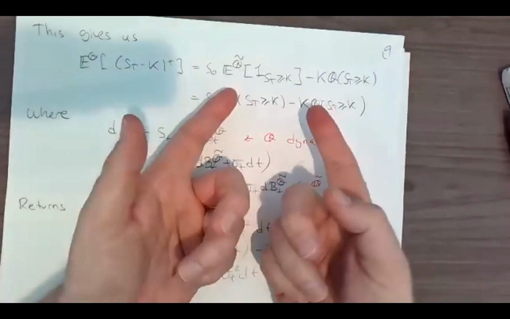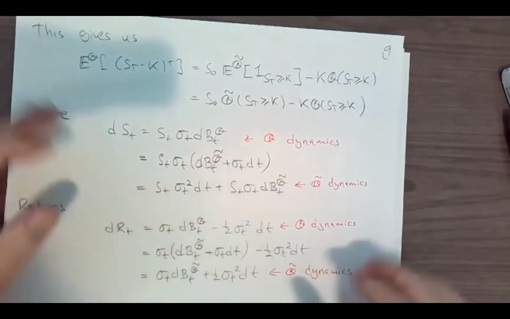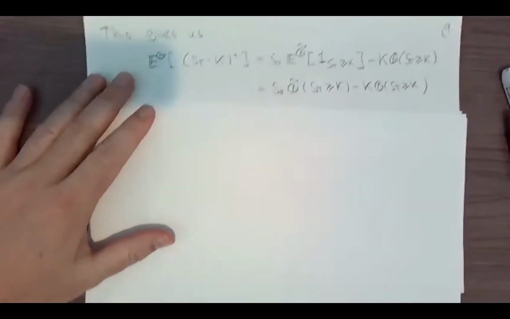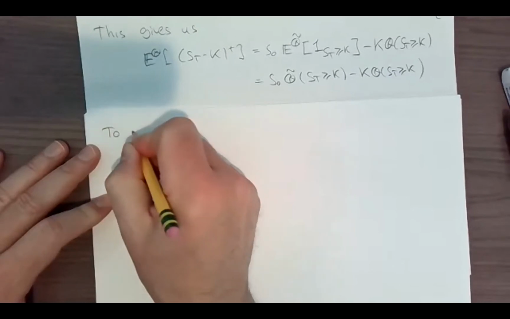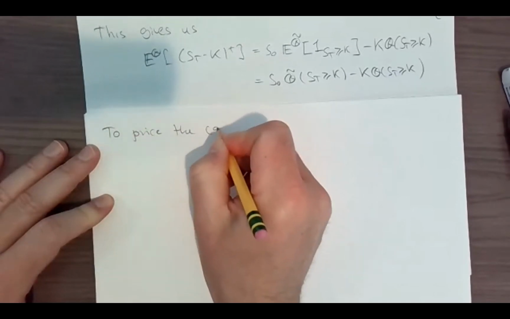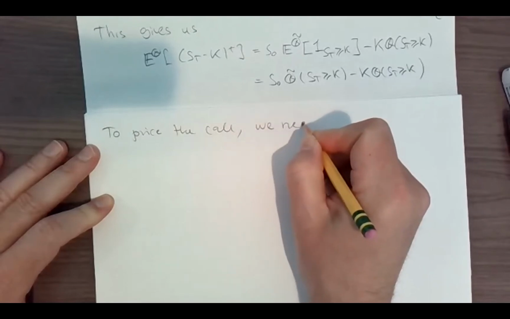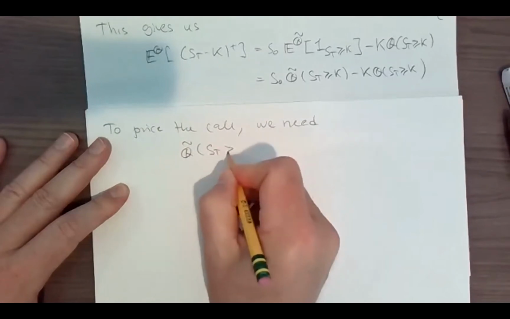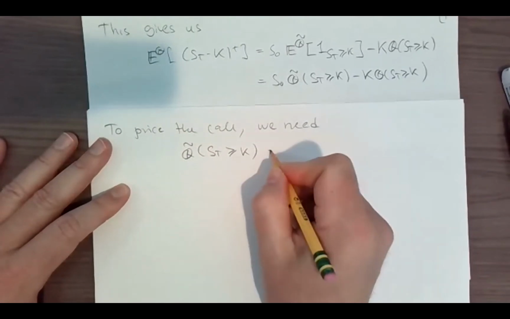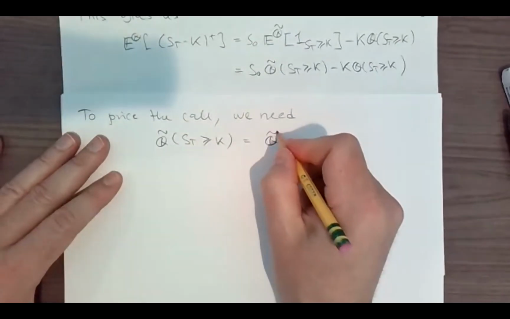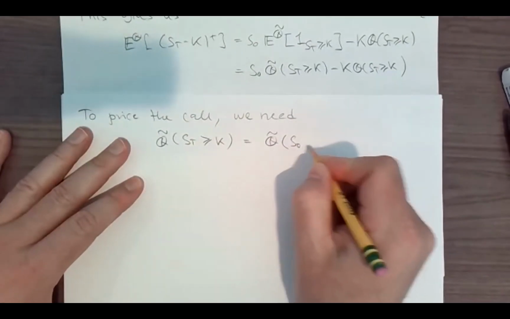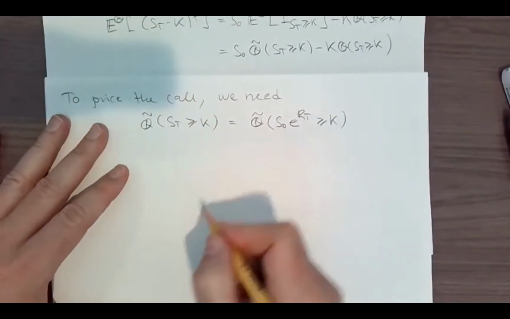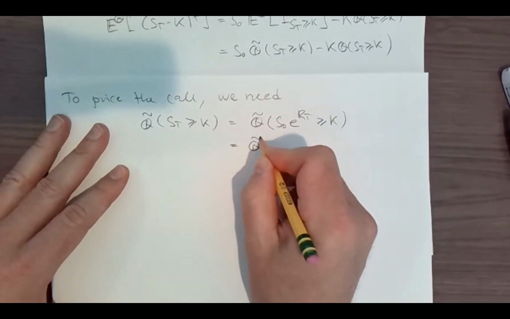Right, so what we need to do then is to compute these two quantities. So it all boils down to the price of an option. So to price the call, we need Q tilde of S_T bigger than K, which is, of course, if I want to write it in terms of a return, I can write this here as S0 e to the R_T bigger than K. And we can move it over to the other side.